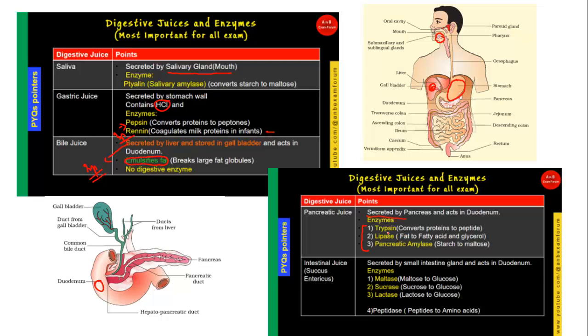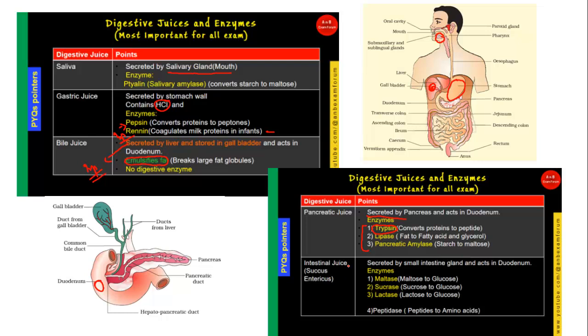One enzyme for conversion of protein is pepsin that we have seen in gastric juice. The other one is trypsin, which converts protein into peptides. Then lipase, which converts fat into fatty acid. Then pancreatic amylase, starch to maltose.